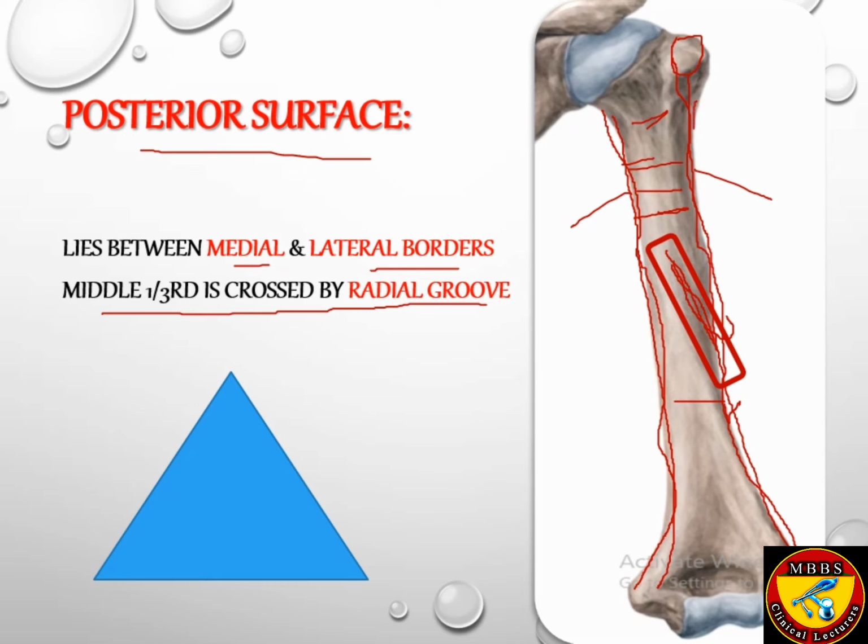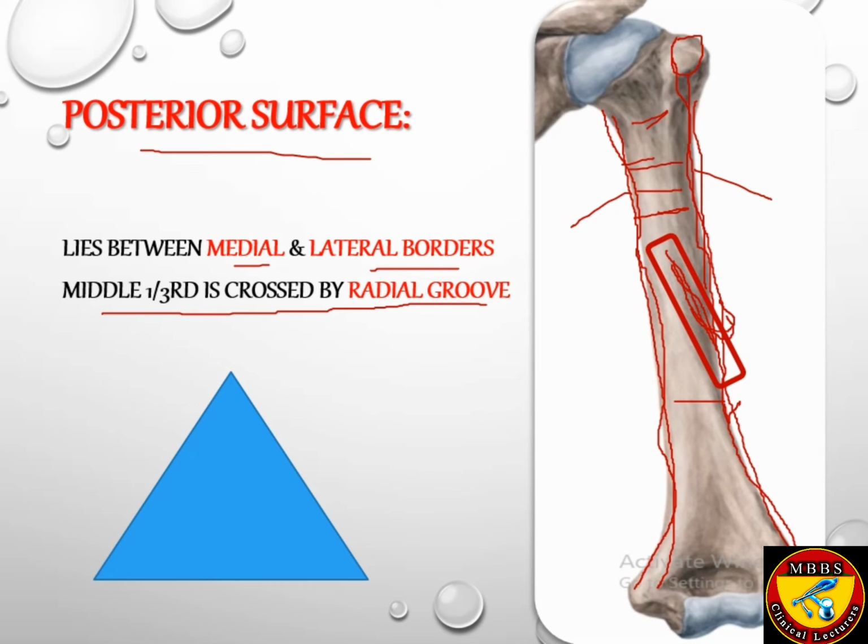So the lateral border was interrupted by the radial groove, and it ends on the anterior lateral surface, posterior to the deltoid tuberosity. Now it will be easier to make you understand like that.